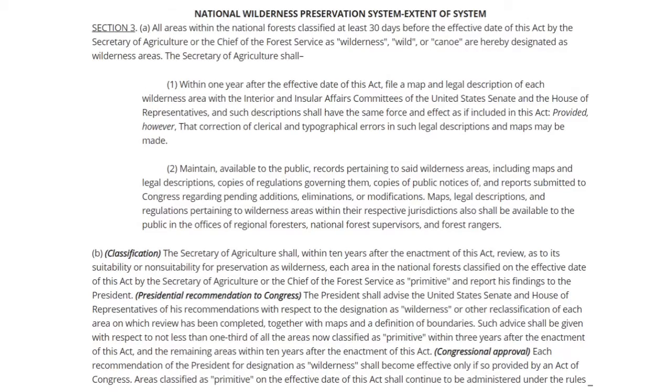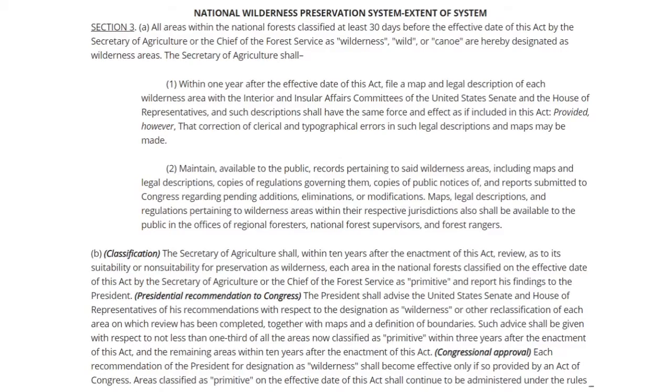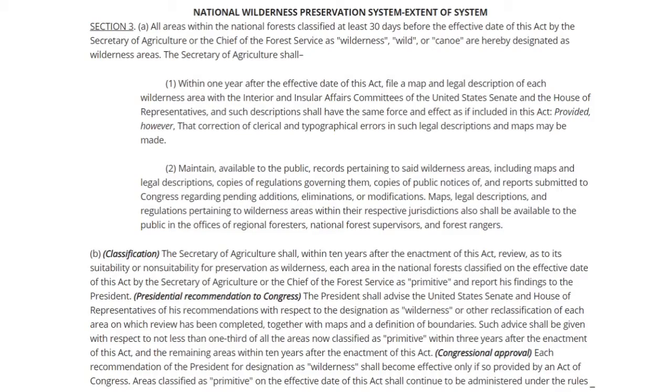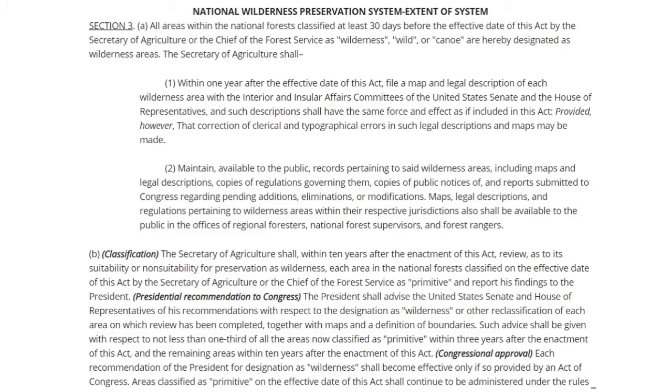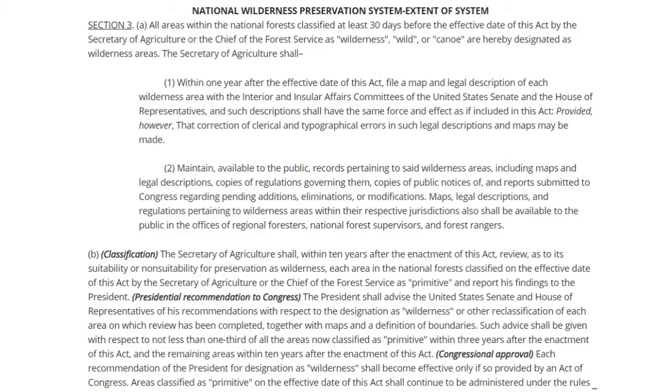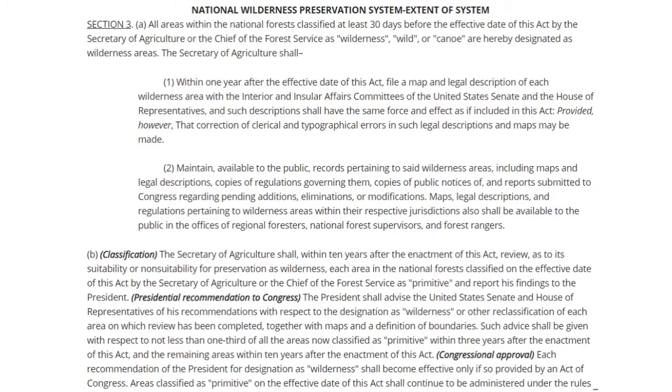The first statutes of the Wilderness Act, Section 3A and 3B, describe how new wilderness areas will be added to the system and what happens to wilderness areas that had been designated before the Wilderness Act was put in place. Wilderness areas are recommended by the President to Congress, and Congress then determines if those areas meet the definition of wilderness and are added to the wilderness system.